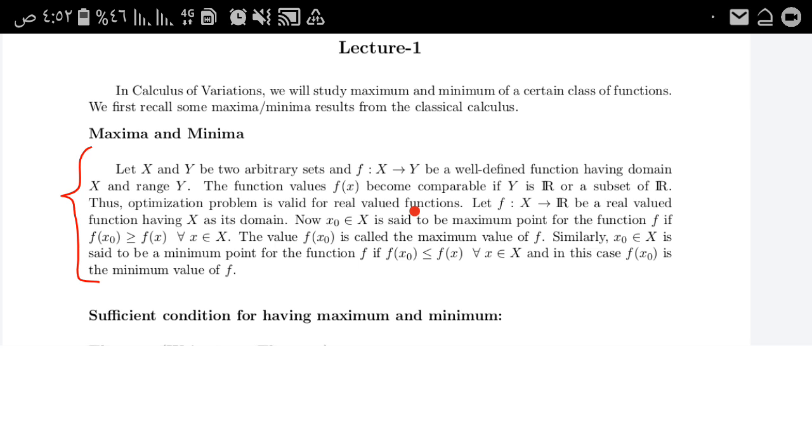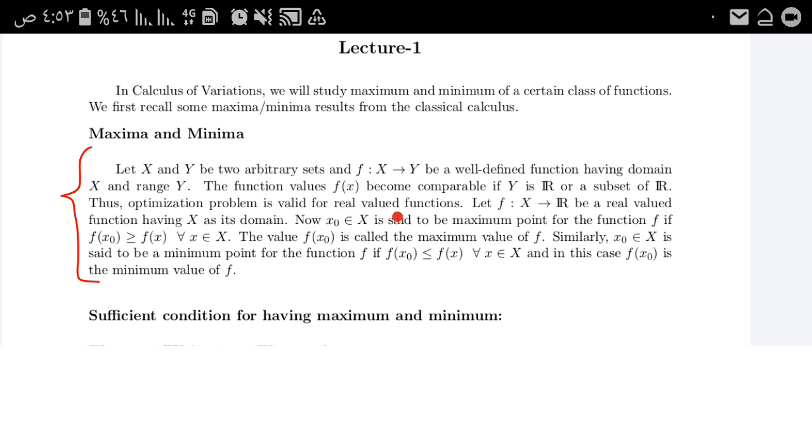Now, x0 is said to be a maximum point for the function f if f(x0) is greater than or equal to f(x) for all x in the set capital X. In addition, the value f(x0) is called the maximum value of f.